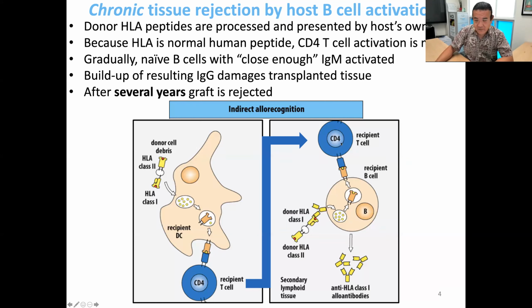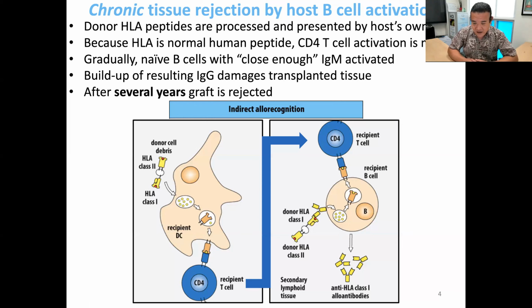And then this CD4 helper T cell tells this B cell, all right, you start activating, make many copies of yourself, start the whole hypermutation process, and some of you go ahead, turn into plasma cells and now make antibodies, right? That unfortunately can be thought of as being anti-HLA antibodies or alloantibodies, right?